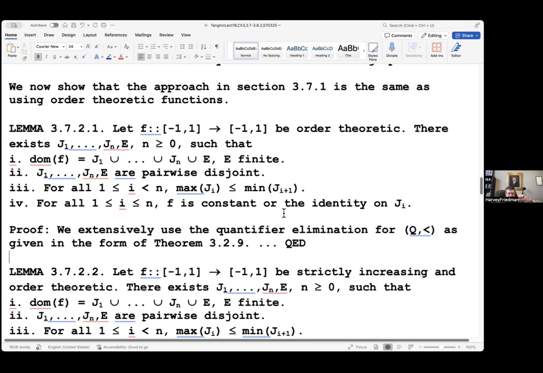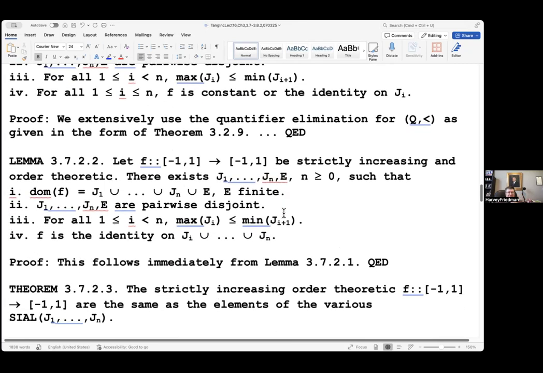All right, so we have the following theorem. If you have a strictly increasing order theoretic function, then it looks like this.